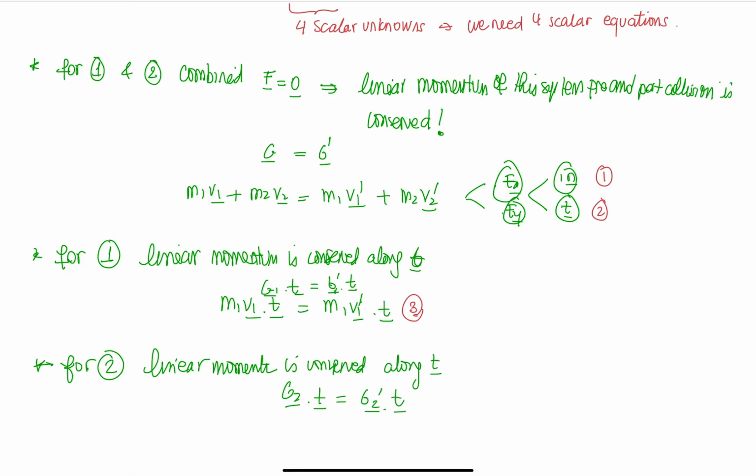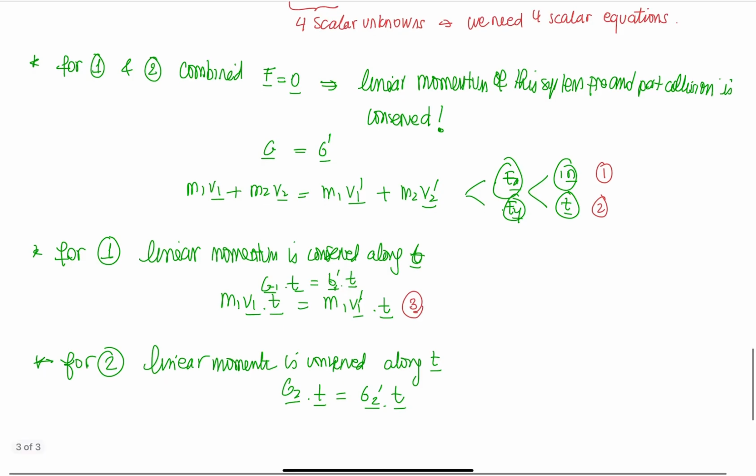The 2 here does not denote a time, 2 denotes just particle 2, the system. So m2 v2 dot t is equal to m2 v2 prime dot t. Cool, so that's our fourth equation.